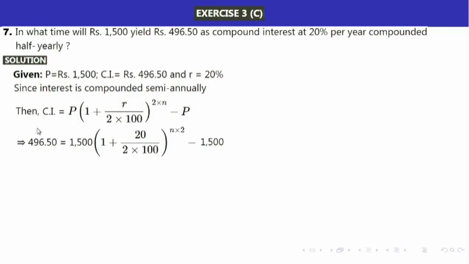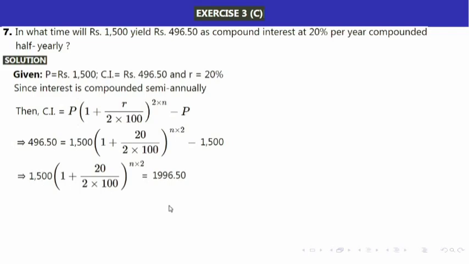We have compound interest given as this much, P is 1500, the rate is given, but this time the time is not given, so n is kept as it is. So bring this over there. You have 1500 and 496.50 on one side. When you add them, you get 1996.50.